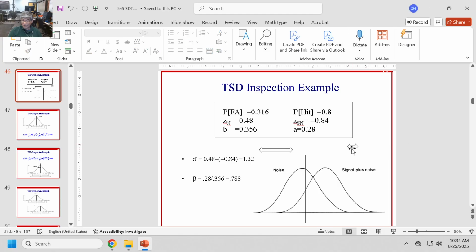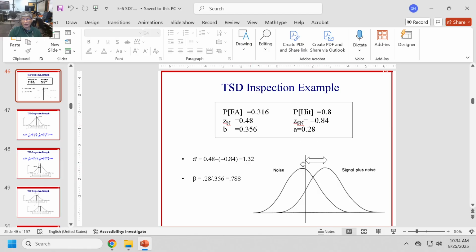That's why I want to copy paste. So now you know that for the ZSN, it is negative 0.84 because it's on the left side of the mean.